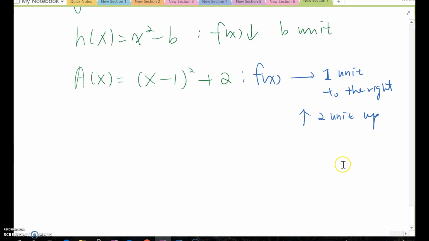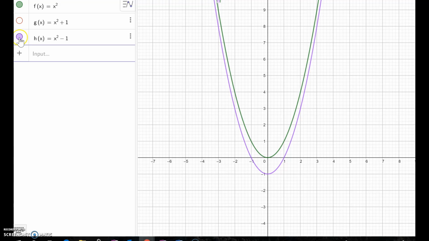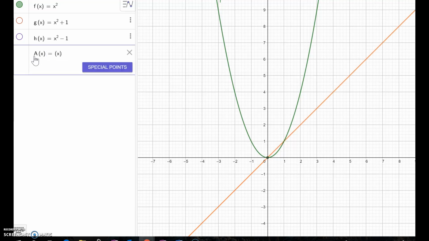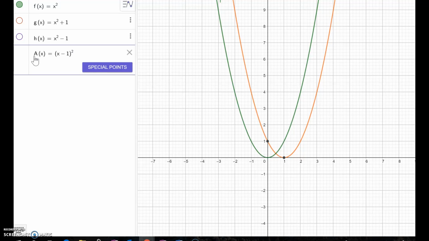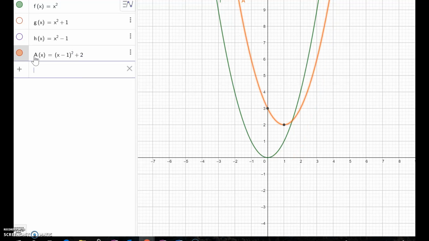Make sense? Okay, let me clarify whether our conjecture was correct. So I'm gonna go to GeoGebra and then we'll show this graph. I'm gonna turn off this one and then another one. So a(x) equal to (x minus 1) squared plus 2. Okay, so what happened? We conjecture the vertex point from its origin here moves 1 to the right, and up here.